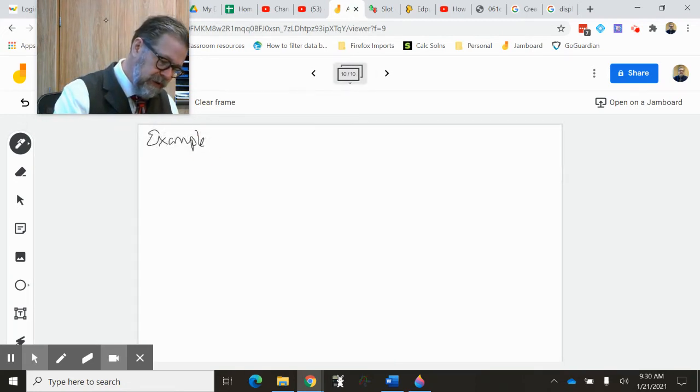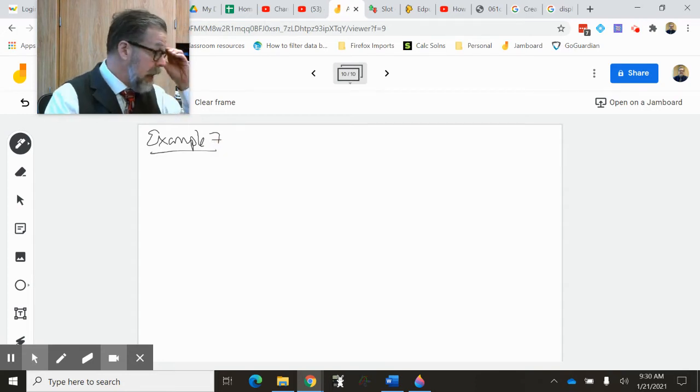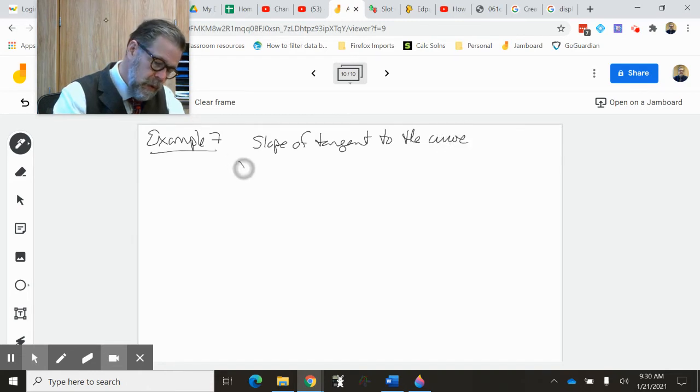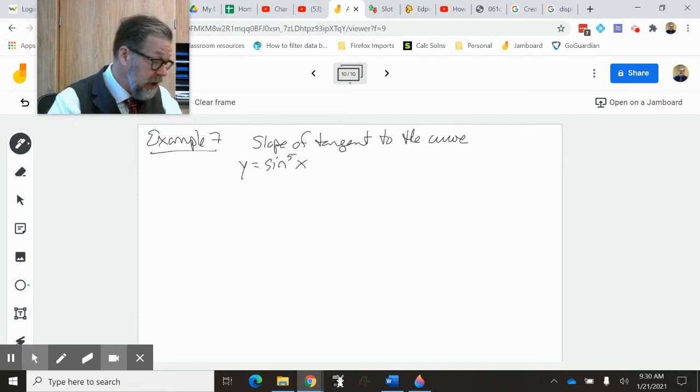Example number 7. We want the slope of the tangent to the curve y equals sine to the 5th power of x at x equals pi over 3.